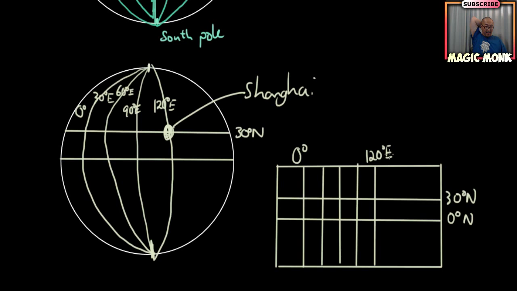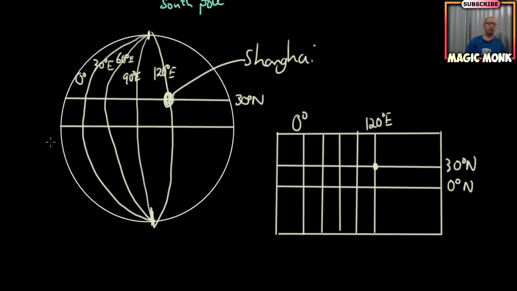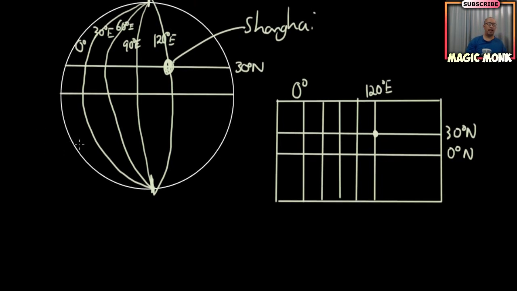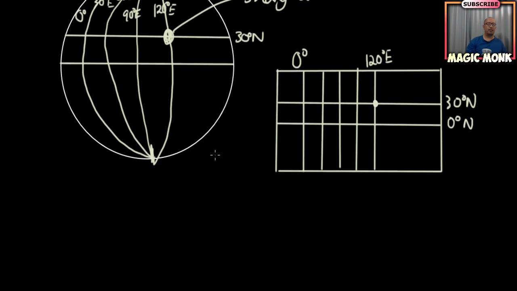The intersection between 30 degrees north and 120 degrees east will be Shanghai. So depending on whether you want the latitude and longitude on a sphere or on a map, you can specify the latitude and longitude.